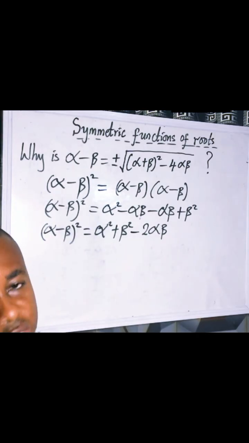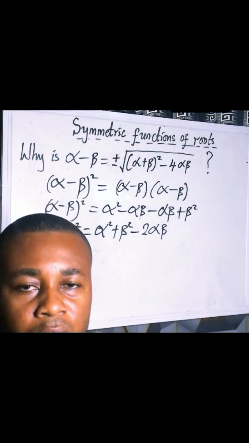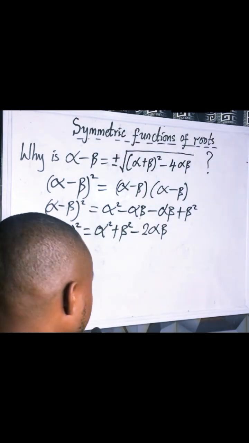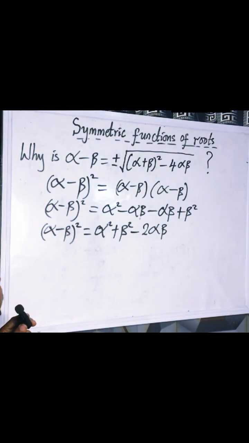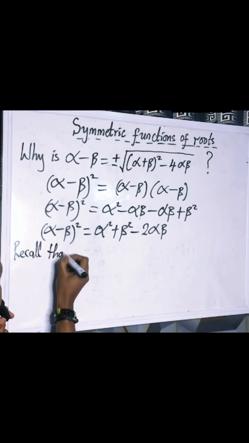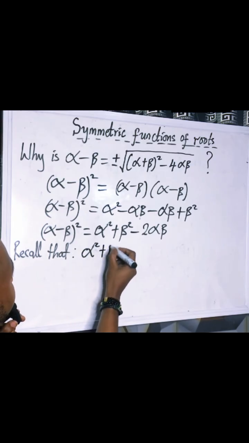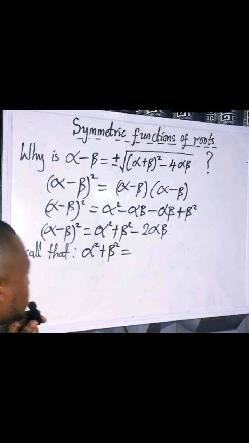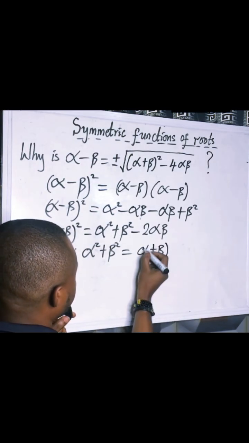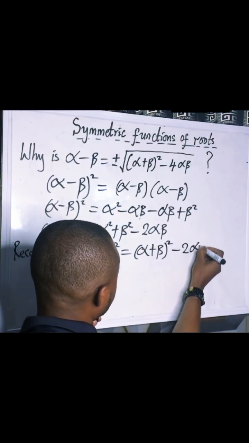To proceed with this question, you can observe that we also have provision for alpha squared plus beta squared. It has its own identity, which is its own formula. When you have alpha squared plus beta squared, let's recall that alpha squared plus beta squared is the same as alpha plus beta, in brackets, being squared, minus 2 alpha beta.